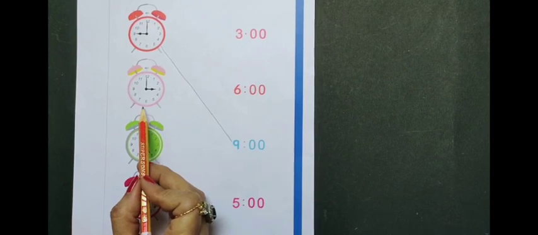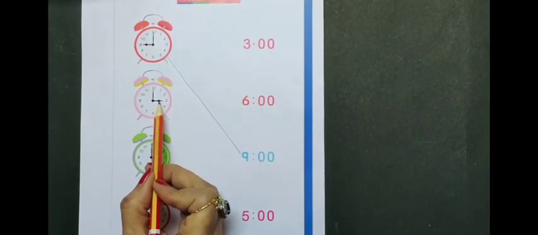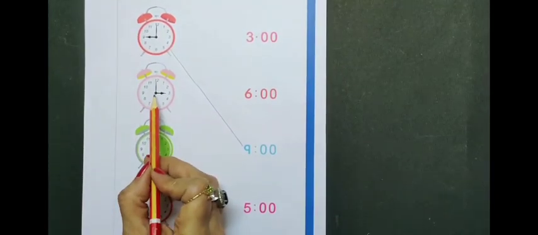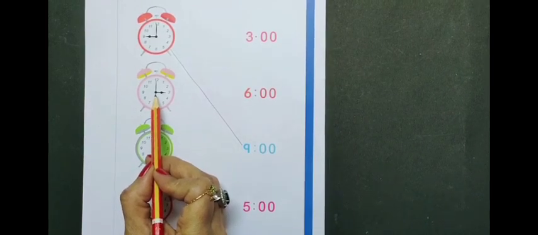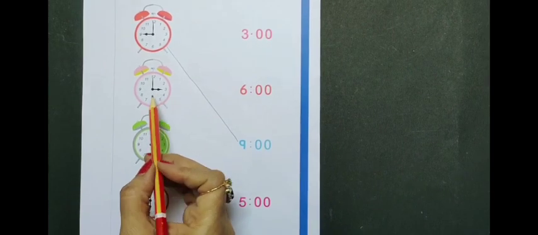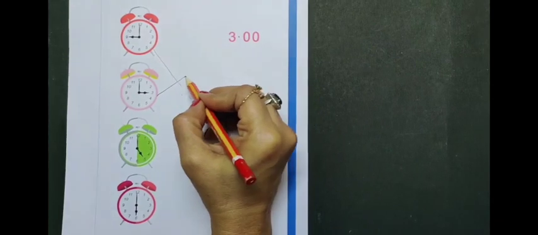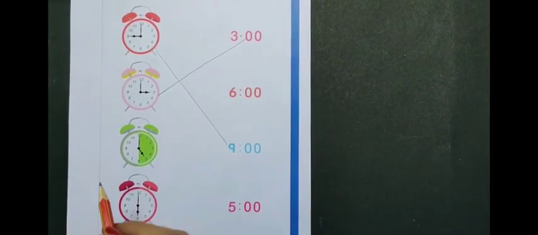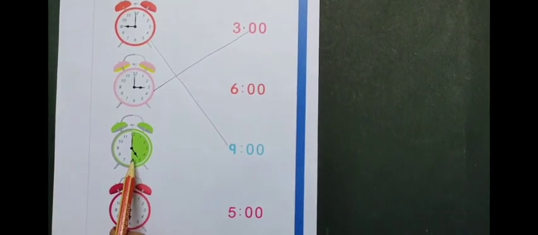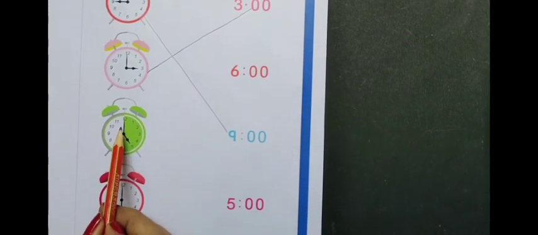The next clock. The hour hand, which is a short hand, is on 3 and the minute hand, the long hand, is on 12. So, can you tell me what is the time? Yes, it is 3 o'clock. So we will match it to 3 o'clock. The next clock, the short hour hand is on 5 and the long minute hand is on 12.